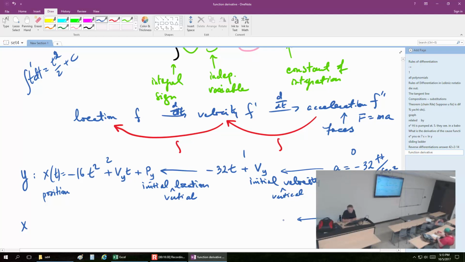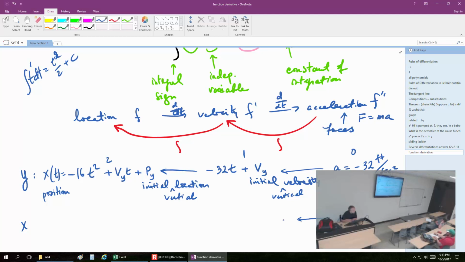So going the same way, what about the velocity? This time horizontal velocity. What is the function whose derivative is 0? Functions with a 0 derivative.